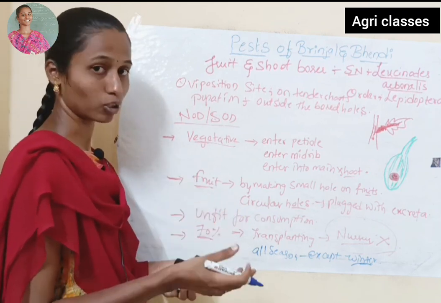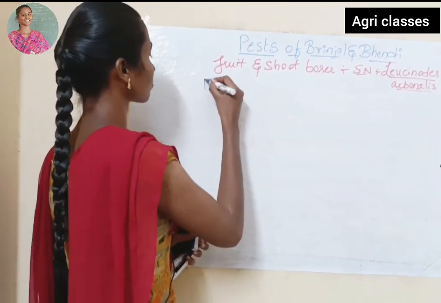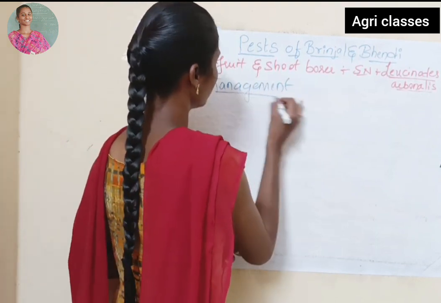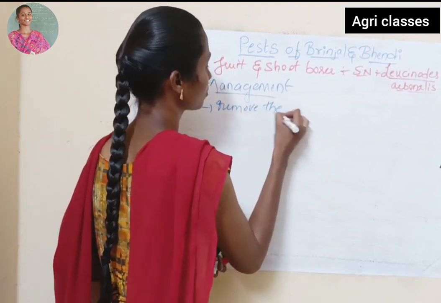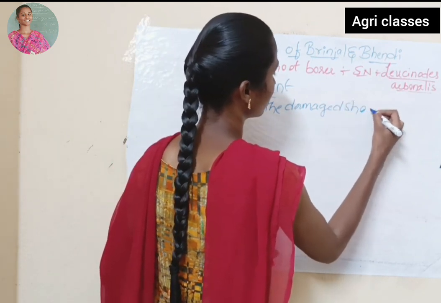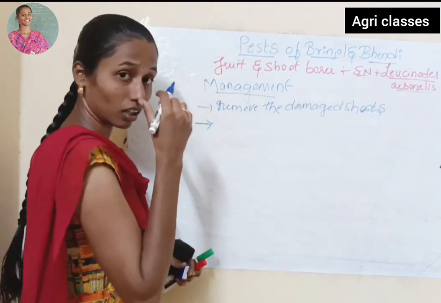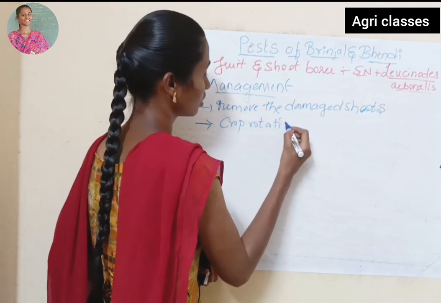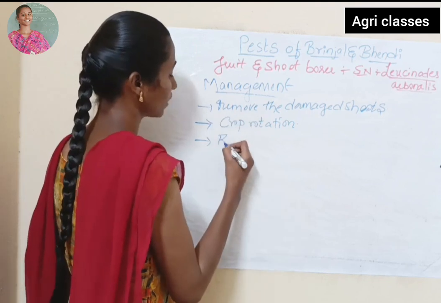Next I will discuss how to manage the fruit and shoot borer. So here in the management, first of all remove the damaged shoots in the field. And next thing, crop rotation. We should follow rotation. Next, a very important point, resistant variety.